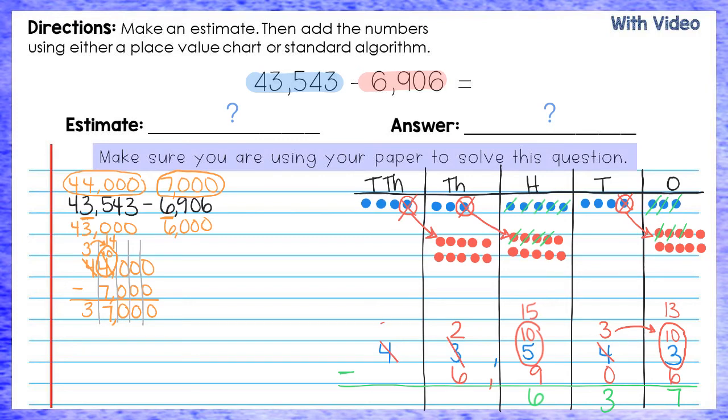Now there are only 3 ten thousands, and we've regrouped 10 more to the thousands place, giving us 12 thousands. Now that we have 12 thousands, we can take away 6. 1, 2, 3, 4, 5, 6. There are 6 left. And in the ten thousands, we have 3, and we're taking away nothing, so that will still be 3 ten thousands.